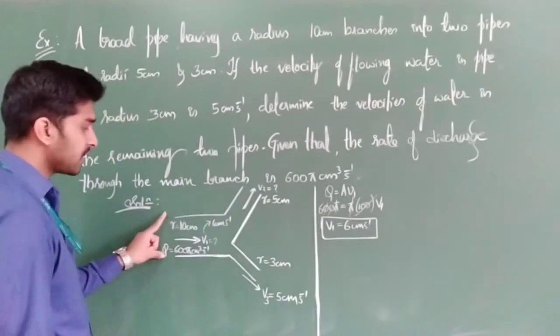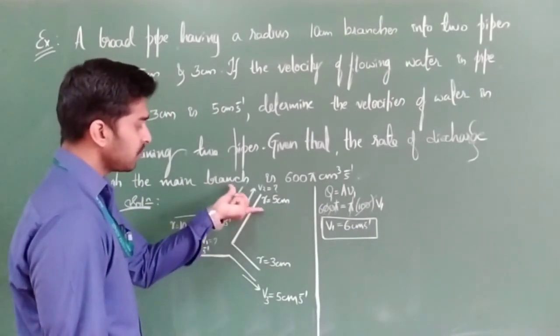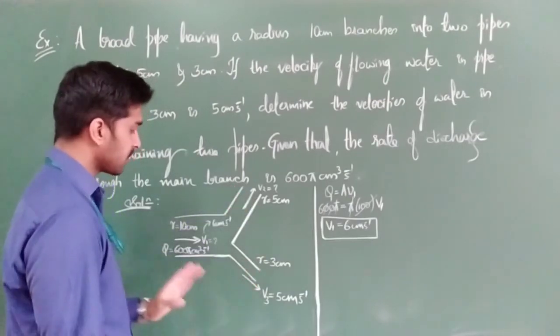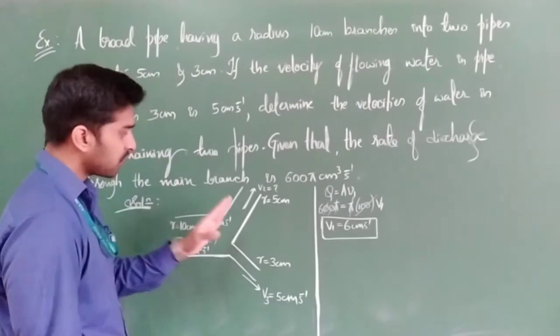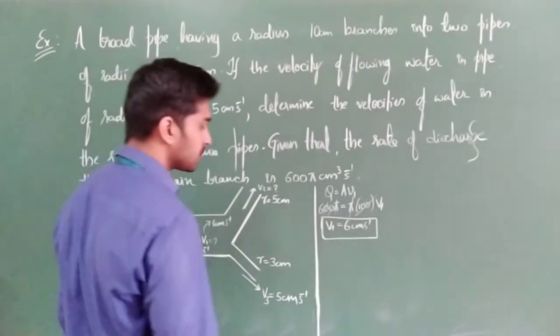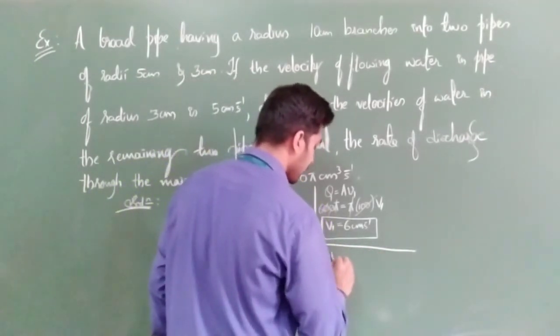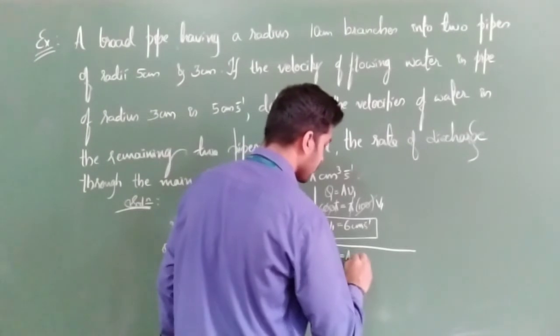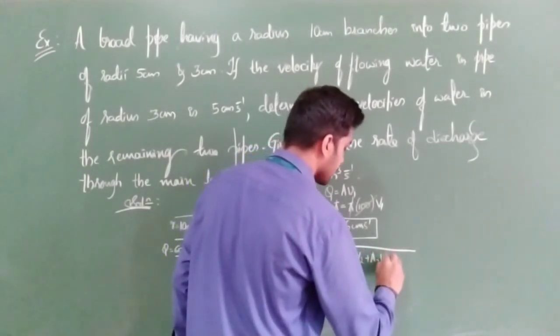So A1 V1 should be equal to A2 V2 plus A3 V3. So the amount of water entering here should be equal to the amount of water flowing here plus the amount of water flowing here. So I can write A1 V1 is equal to A2 V2 plus A3 V3.